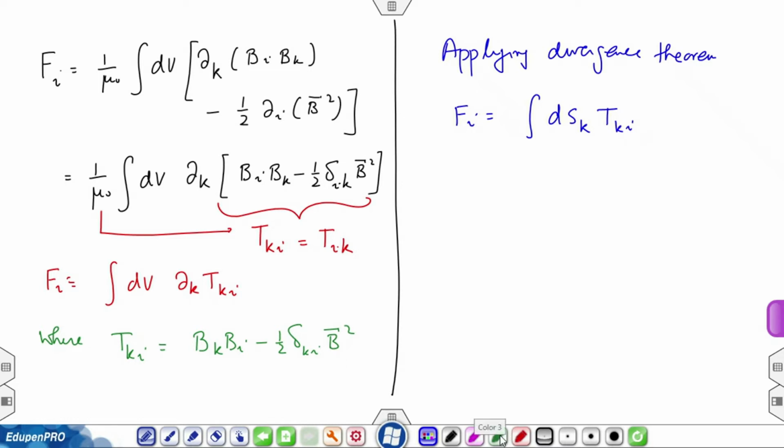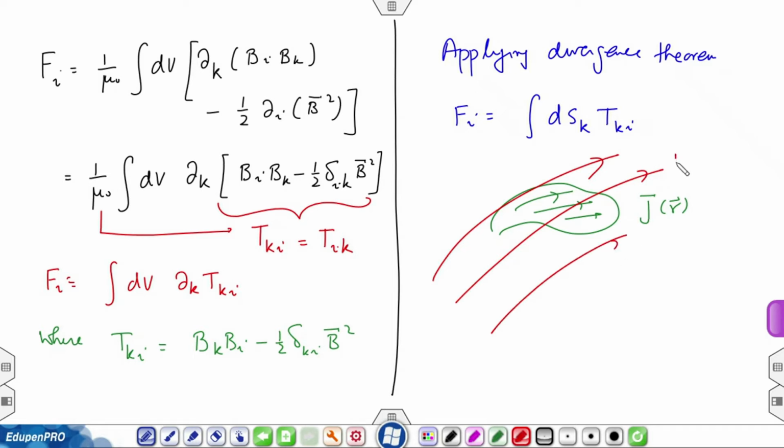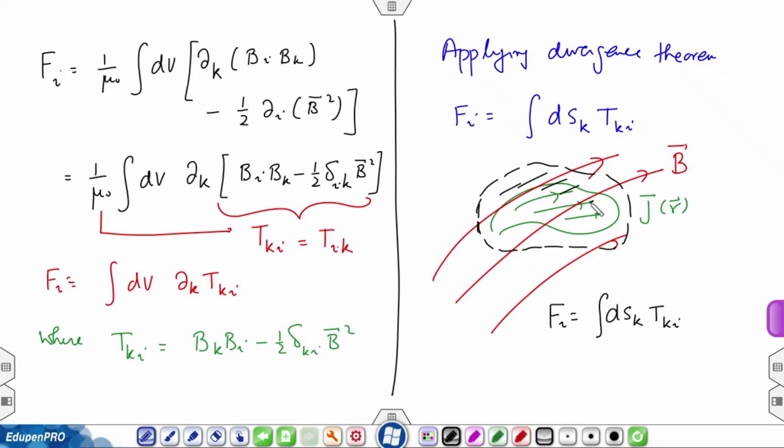So, what have we done? Suppose there is this current distribution J(r), and there is this net field B. If I want to calculate the force on this current distribution, let me enclose it in some volume shown by the black dashed line and calculate the ith component as dS_k T_ki integrated over this surface enclosing the volume in which the current density is.